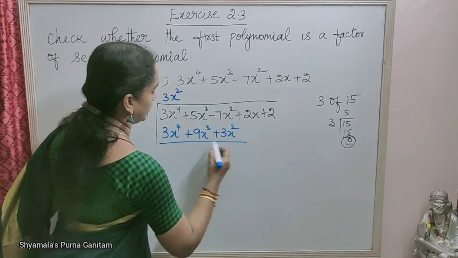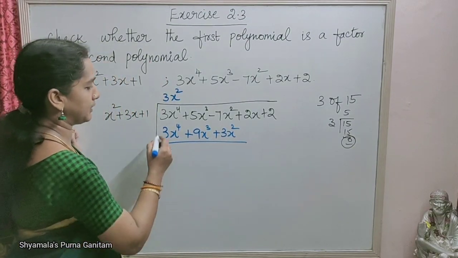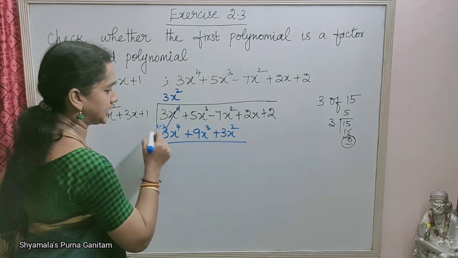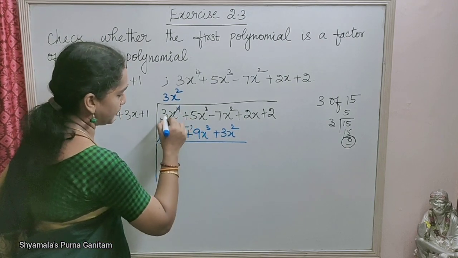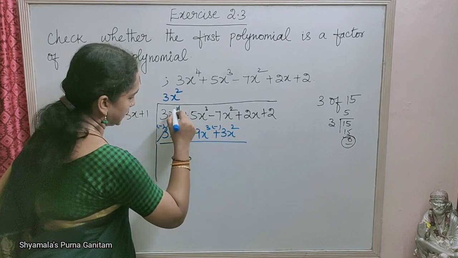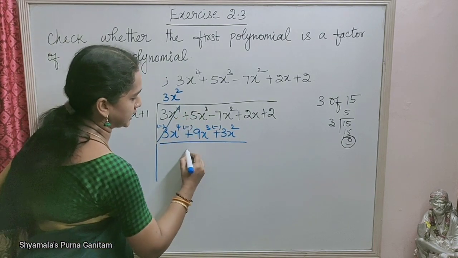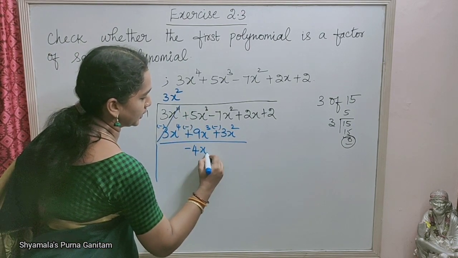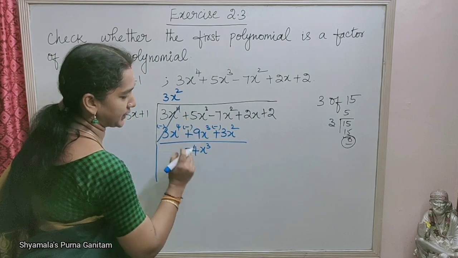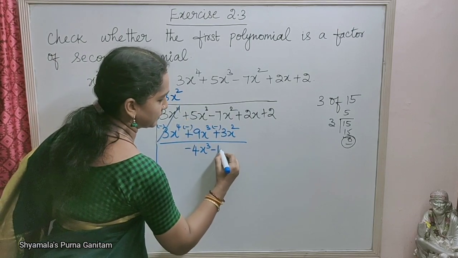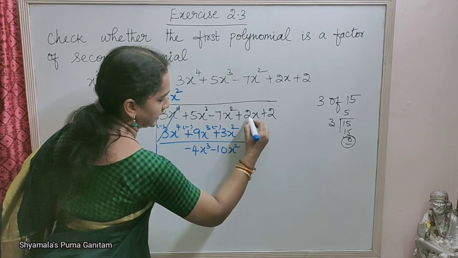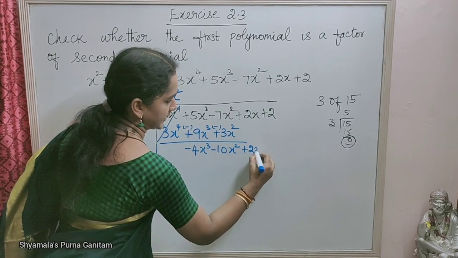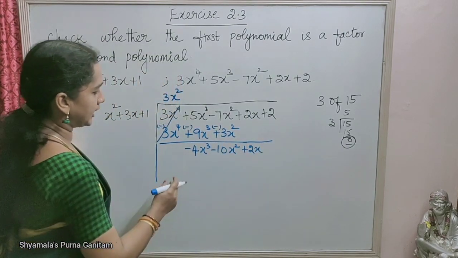Now these two polynomials have to be simplified. As usual, you have to subtract. If you subtract, the first term will be cancelled and this one will be minus 4x cube, minus 9 plus 5 is minus 4, and this one is minus 10x squared. As usual, you bring down the next term, 2x.